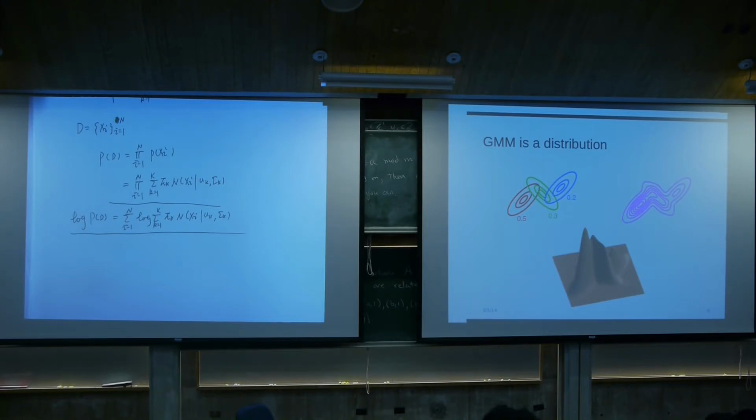However, this is very hard, because if you take the derivative of the log, the whole sum term will come to the denominator. Let's try the derivative of log p(D) with respect to pi_k.